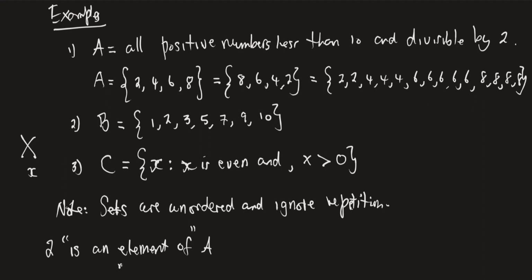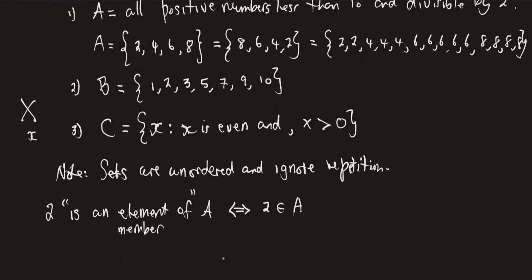Remember, element and member are synonymous when we talk about sets. So how could we write this in a more concise way? Well, here is the notation. You list the element and you do this little symbol. It looks like a C with an extra line there. It looks kind of like a funny E, but that notation is used to represent the phrase is an element of, and then I put A there, right? So obviously this is a lot more efficient to write than all of this.